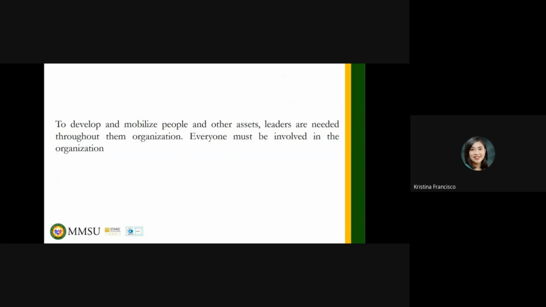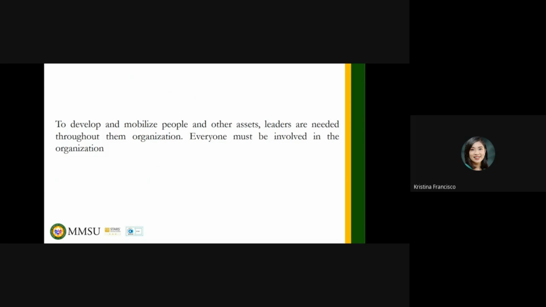So to develop and mobilize people and other assets, leaders are needed throughout the organization. So everyone must be involved in the organization. So that doesn't mean that they are the leaders, sila na lang lahat. Hindi. It requires all. Okay? We need to include all, including employees.